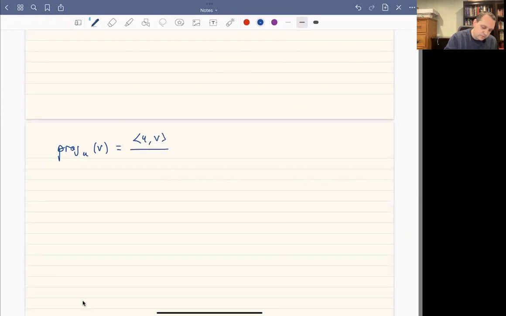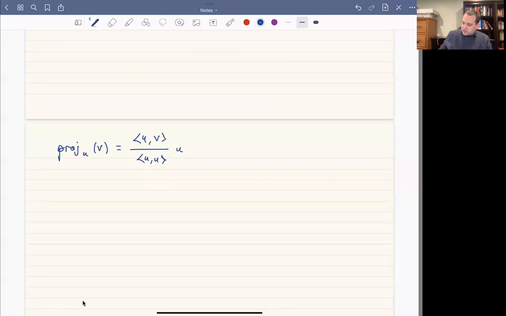So we get the inner product of U and V divided by the inner product of U and U times U, right? So we can still make sense of the projection. And once we have the projection, we can still make sense of Gram-Schmidt. Okay, so we will talk about Gram-Schmidt for vector spaces other than Rn themselves.